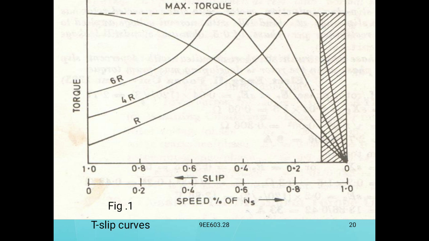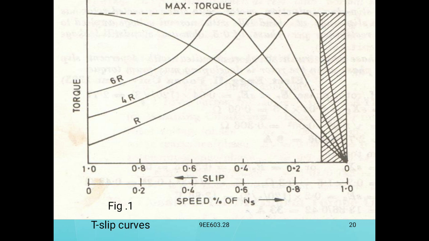It goes in a similar way for resistance 4R. For the resistance 4R, the starting torque is greater than that of the R resistance. So by connecting resistance 4R, the starting torque is increased at slip 1.